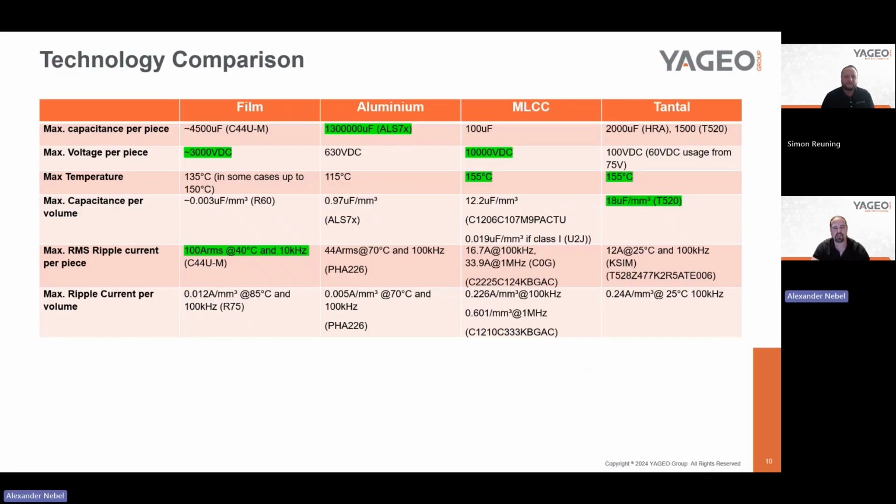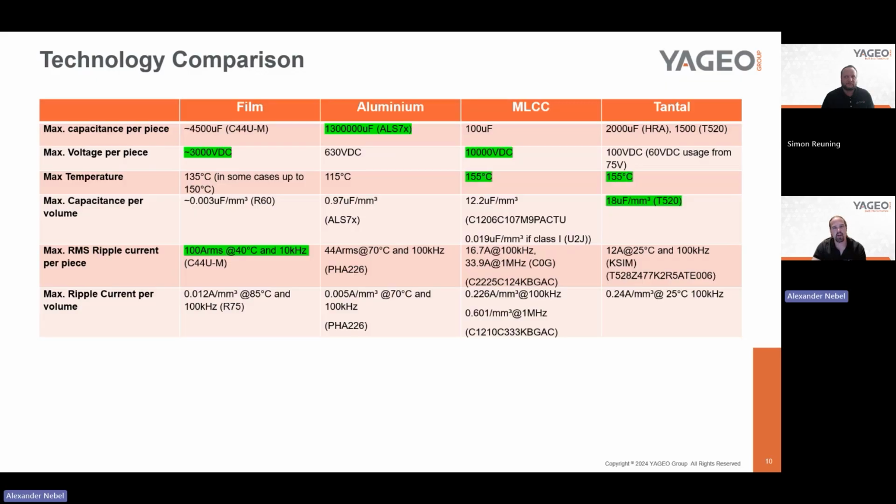Well, sometimes there are limitations up to 3 kV or 6 kV. In the second step, we can also consider the needed capacitance value. And here you see that the aluminum capacitor, which is marked in green, offers the highest capacitance range in the series ALS7.